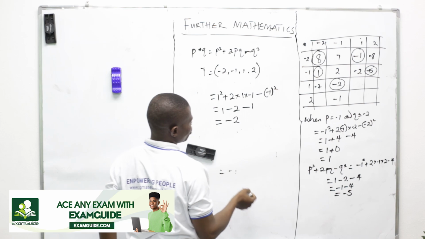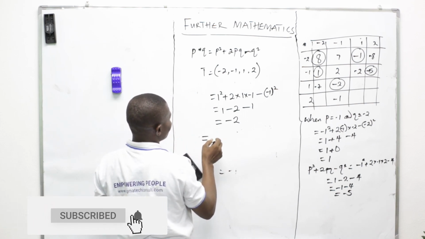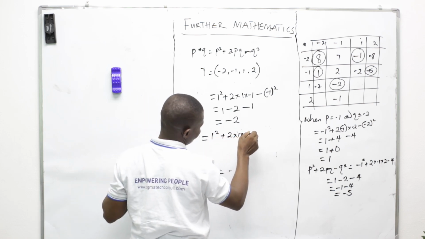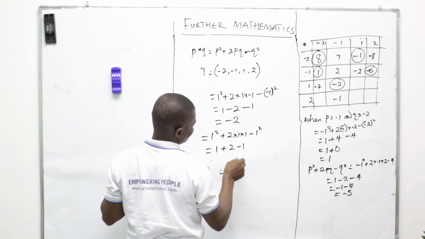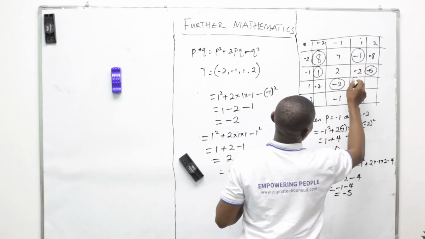Then for plus 1, both P and Q are 1. 1 square plus 2 times 1 minus 1 square to give us 1 plus 2 minus 1 to give us plus 2. We have plus 2.